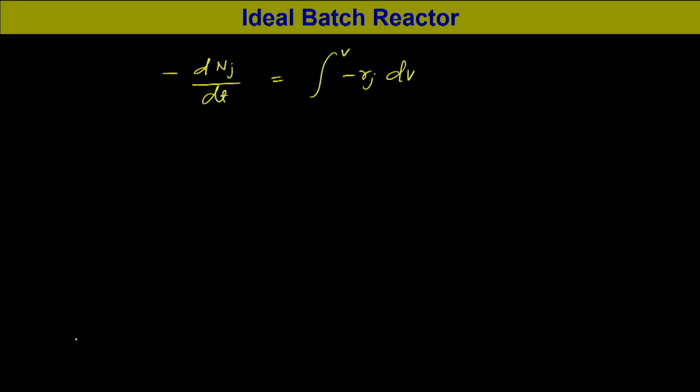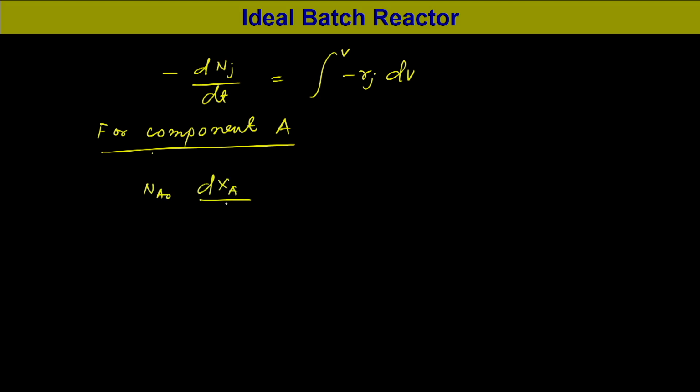If we substitute this for component A, we can write NA0 dXA/dt is equal to the integral over V of minus rj dV.